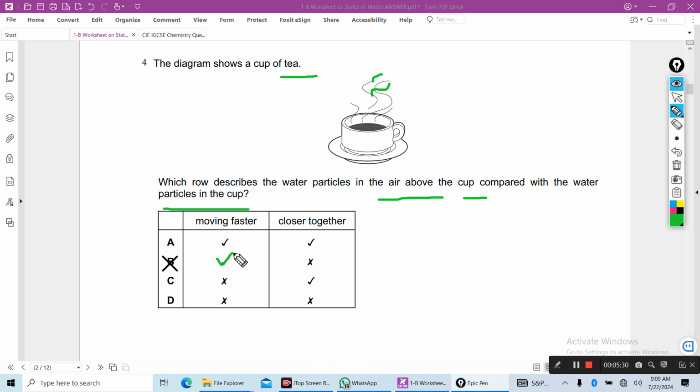Yes, this is gas, so the molecules move faster, but close together, no. Here in gas, particles go far apart, so this is wrong. B is the correct answer. Moving faster and not close together, that's why this has a cross sign.